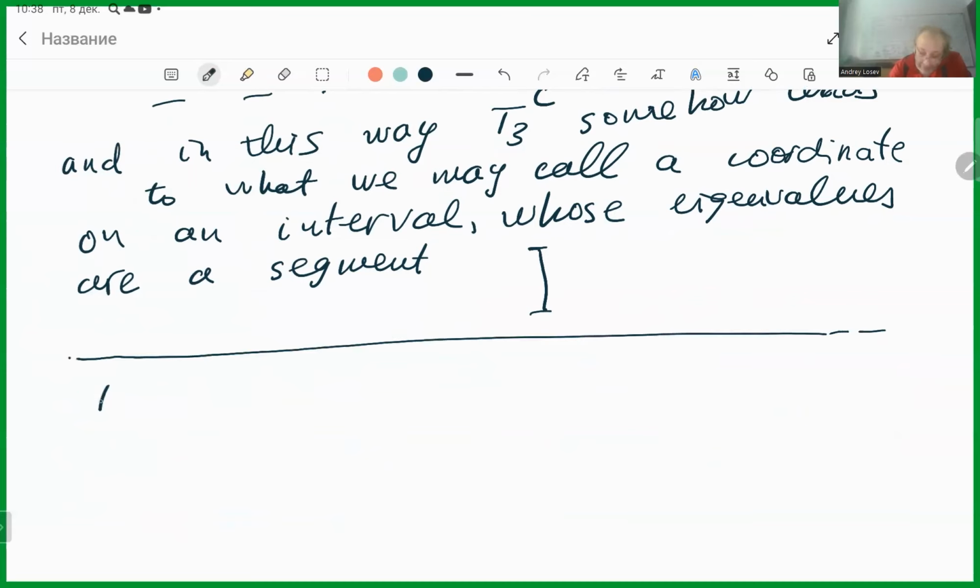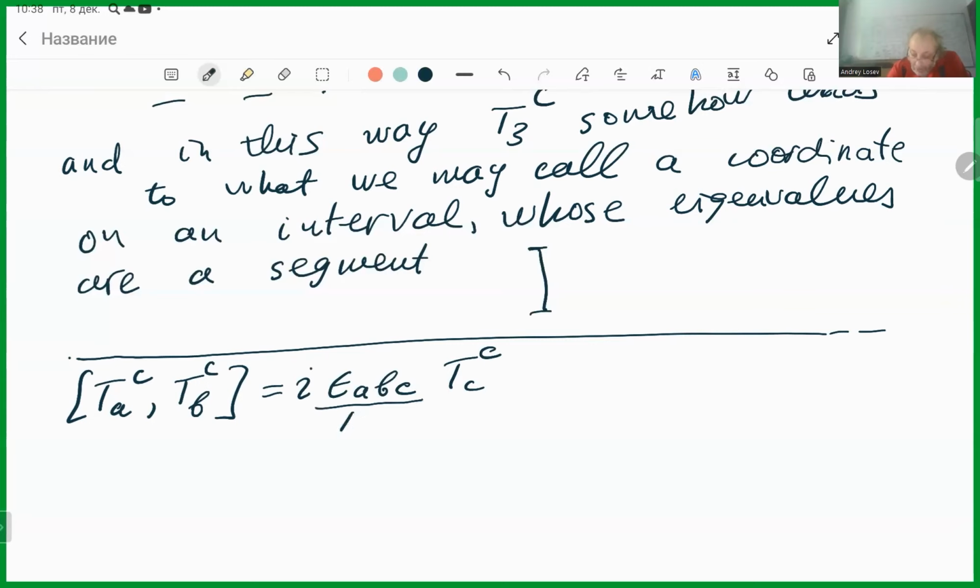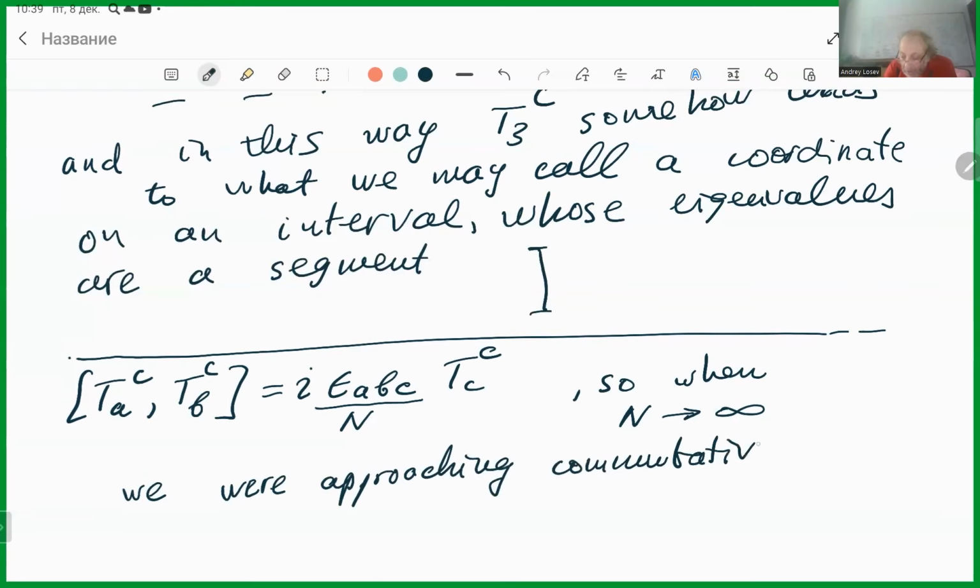Now, it is clear that the commutator between TA classical and TB classical is i epsilon_ABC TC classical, and here there is a very important 1 over n. So when n is going to infinity, we are approaching a commutative algebra.